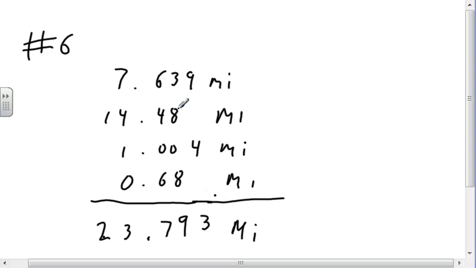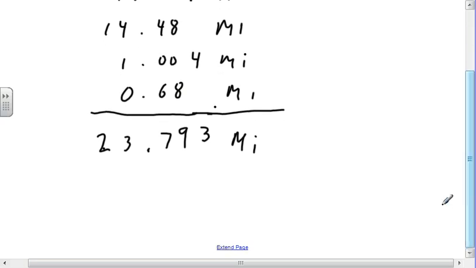Now, I'm measuring these guys to a thousandth of a mile, but these other guys I'm only measuring to a hundredth of a mile, so my answer is going to have to end up with a hundredth of a mile answer. So my final answer is going to be 23.79 miles based on the least precise number that I have.